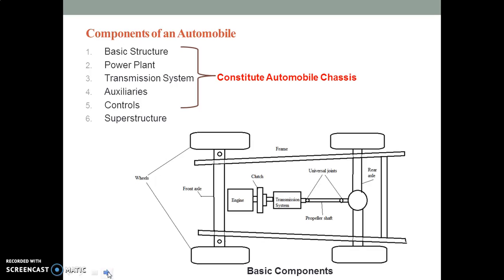See, this is the basic layout of an automobile, and various components of an automobile which we need to understand are mentioned here. This is the basic structure, or we can say the frame, over which the entire units are superimposed.